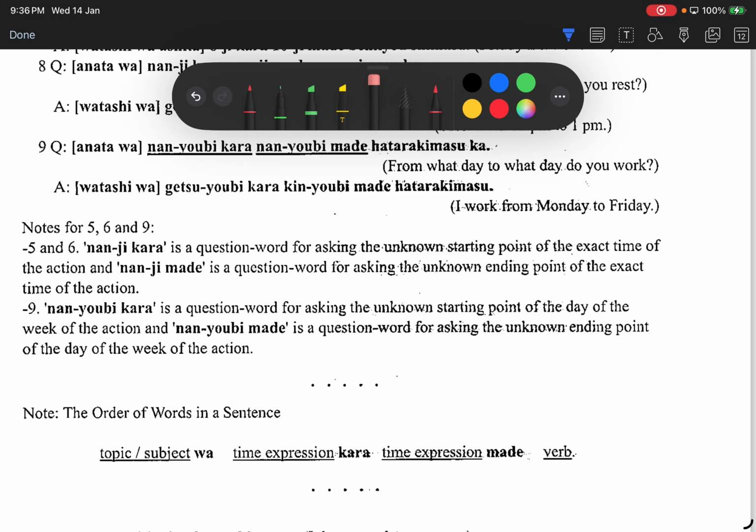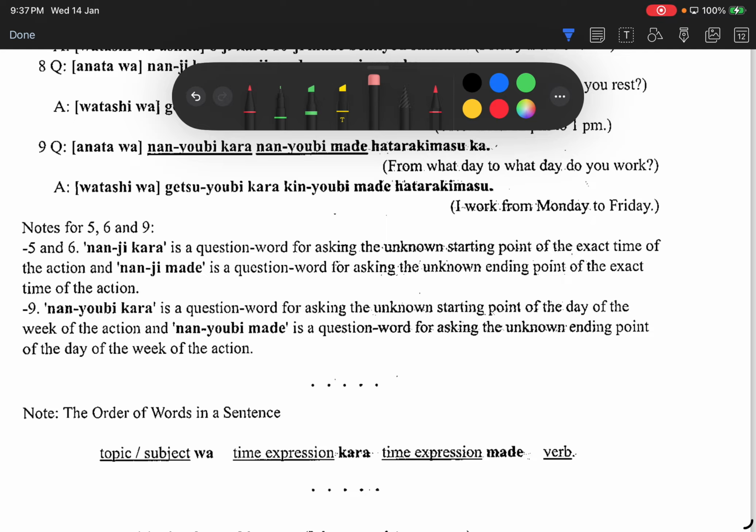We don't say どちら駅。どちら駅から。We usually say どこの駅。Like where no 駅。どこの駅。Right? In English we don't say where station from where station to. We don't say this in English, right?